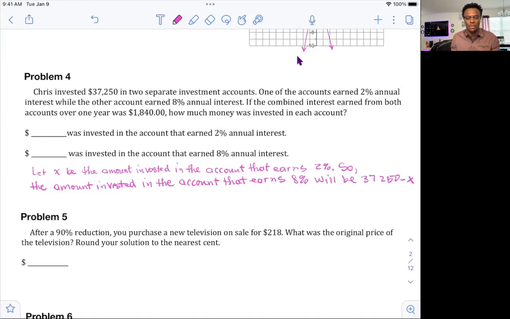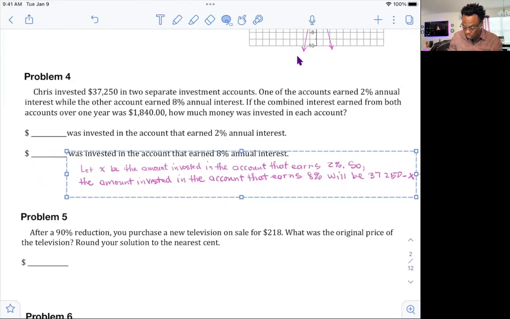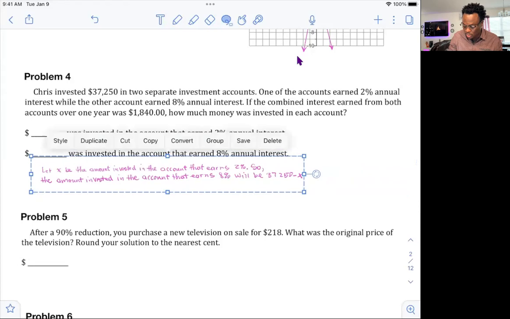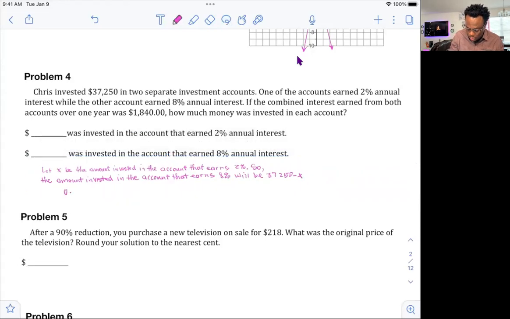Now, when you combine them, it'll give you the total. So we said here that 0.02 times X is what the first account, at 2%, earns for the year, plus 37,250 minus X times 0.08 is what the second account earns for the year.